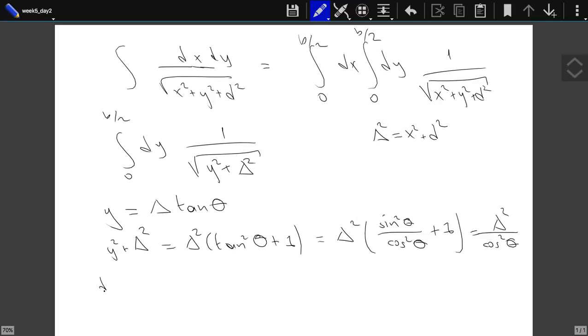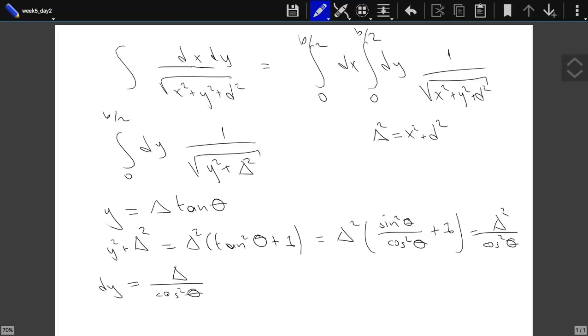Of course, there's also the problem of dy. What is dy? dy is delta over cosine squared theta d theta. So from this 1 over square root, you get cosine theta. From dy, you get 1 over cosine squared theta. So the result is the integral of 1 over cosine theta. So that is the integral you need to evaluate.